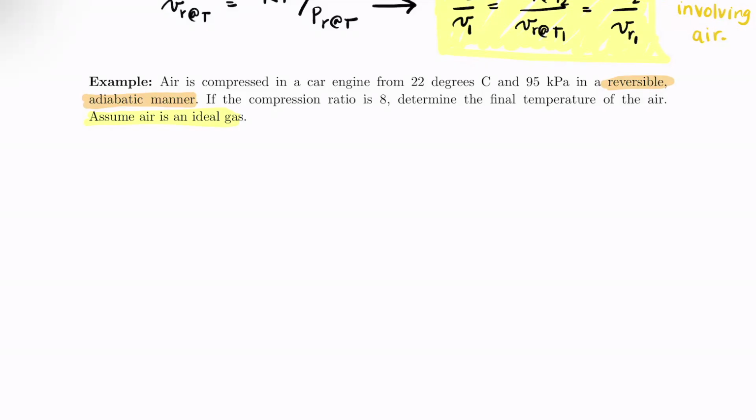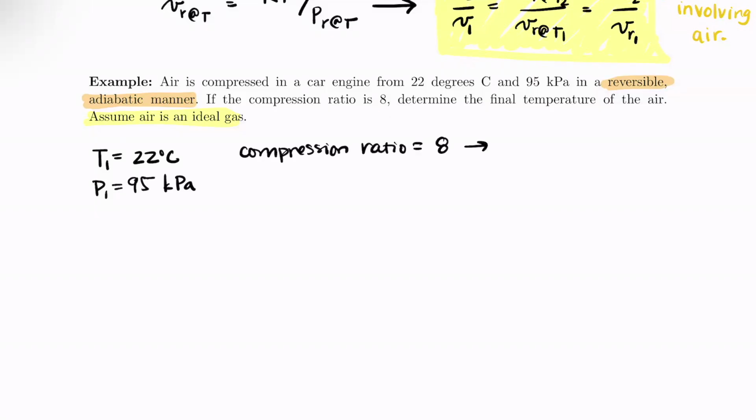And we have a few other things given to us: T1 is 22 degrees C and P1 is 95 kPa. Our compression ratio is 8, which is the same thing as saying our specific volume ratio, V2 to V1, is 8.